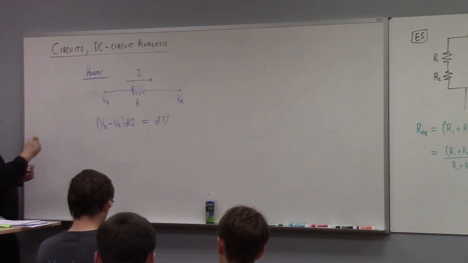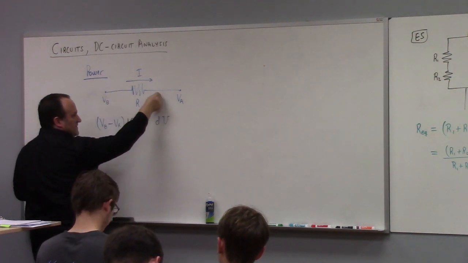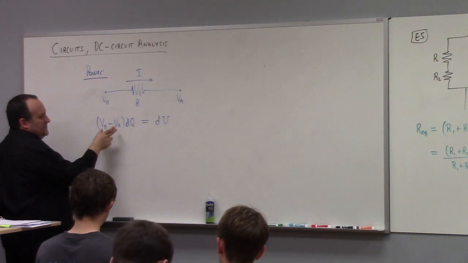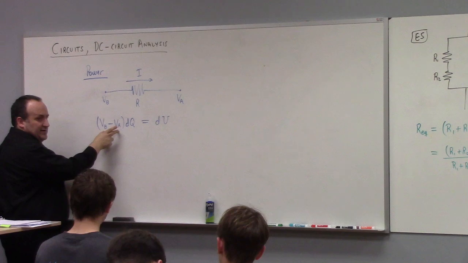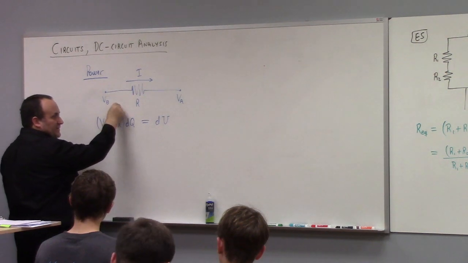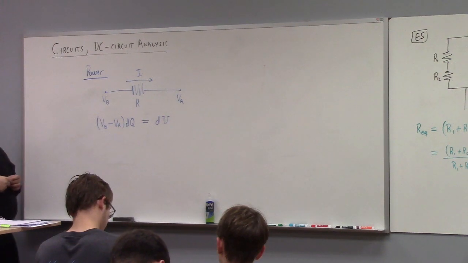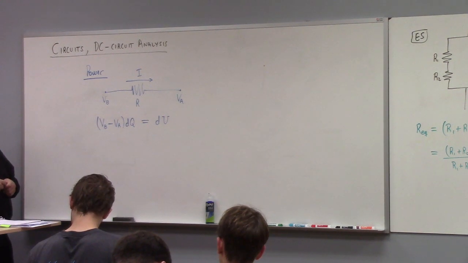If you think about a little bit of charge flowing through this resistor, remember, voltage is potential energy per unit charge. So if I have a charge of dq flowing through the resistor, the change in potential energy is dU. Are we all in agreement? I hope we're in agreement now.